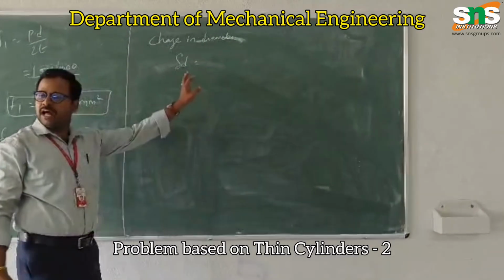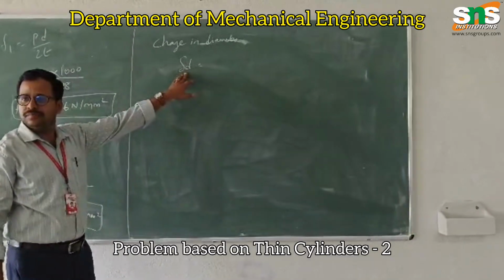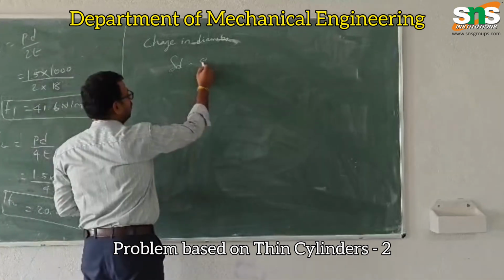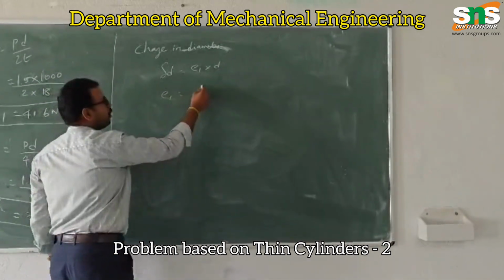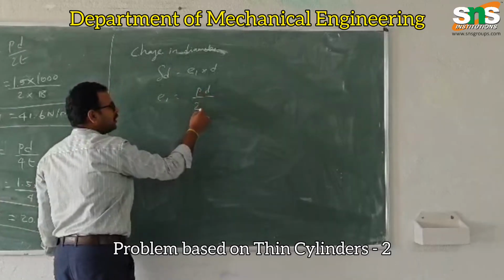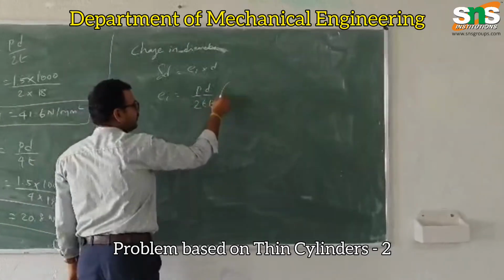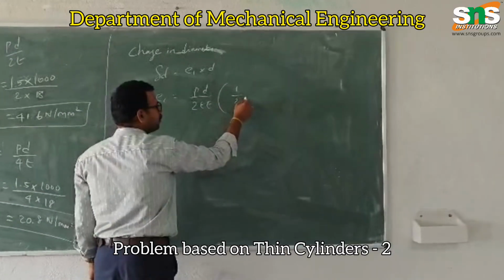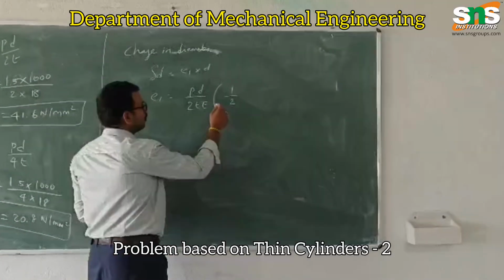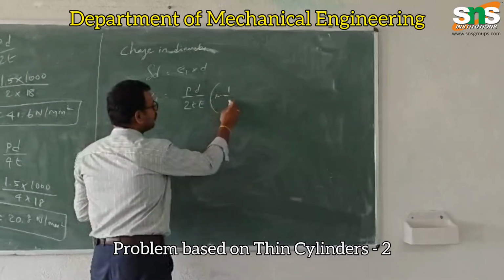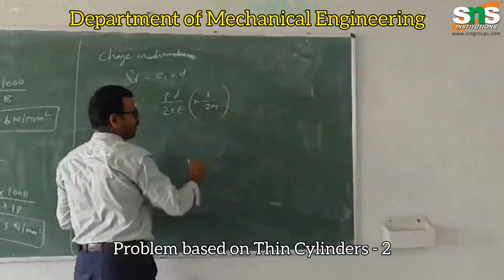So what is the formula? Del D is equal to e1 into D. So e1 stands for PD divided by 2TE, which is 1 by 2 into (1 minus 1 by 2m). Am I right?